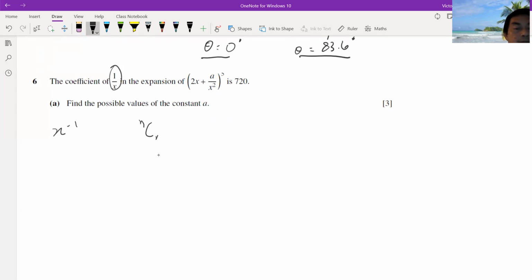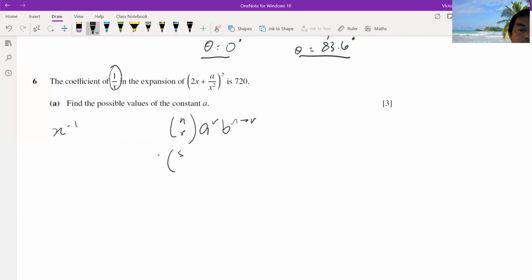So the general formula for a binomial expansion is nCr a^r b^(n-r).